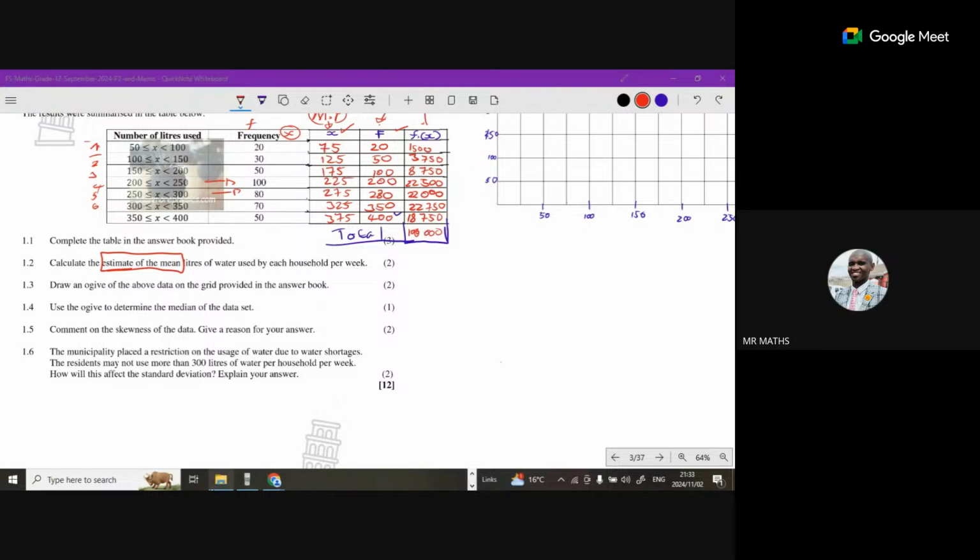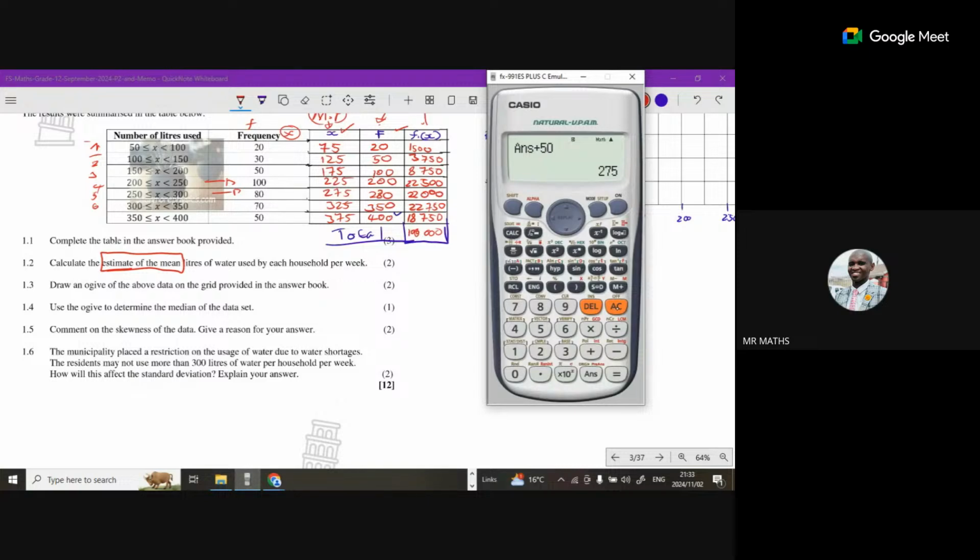Uyifaka idata yakho, uzoba no-mode, kube no-stats. So i-variable a1 but yabona ino-x yodwa le. So kufuneka siphinde siyofaka i-frequency. So ngu-shift, ngu-mode, you go down, ude uyofika ku-stats, then uzo-onisha i-frequency.